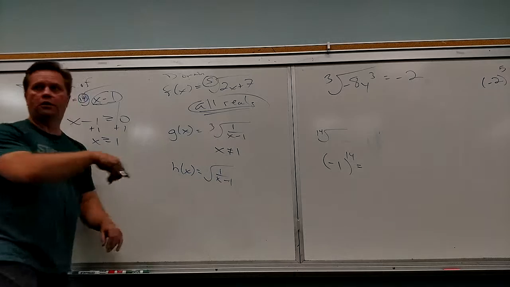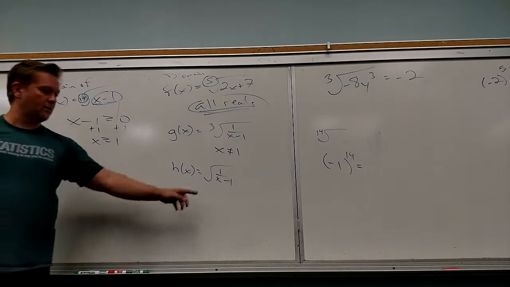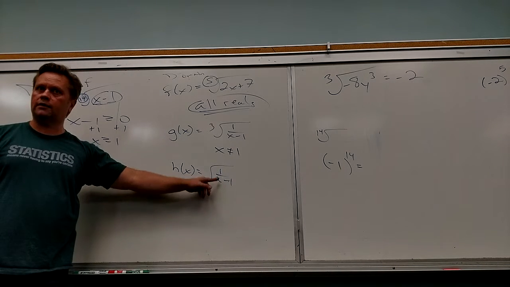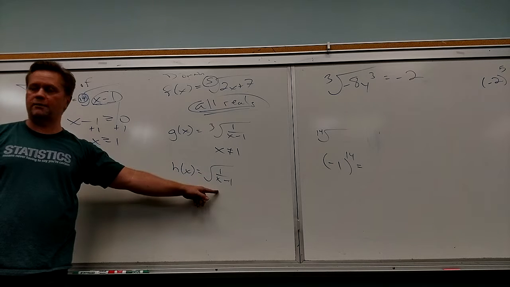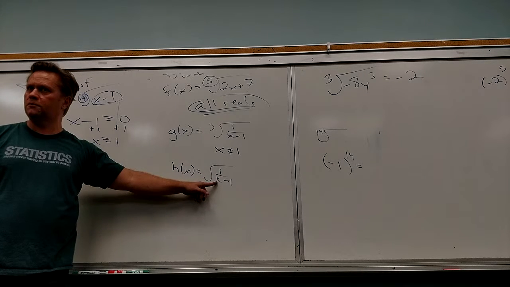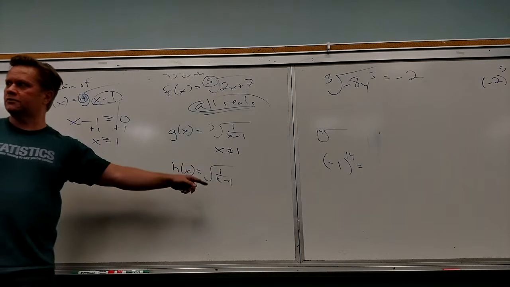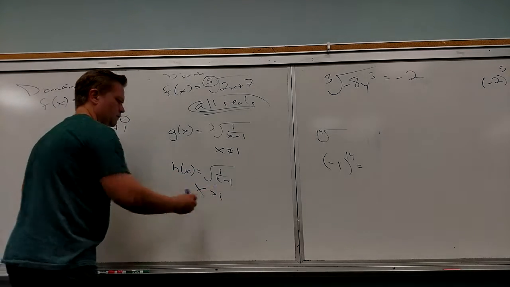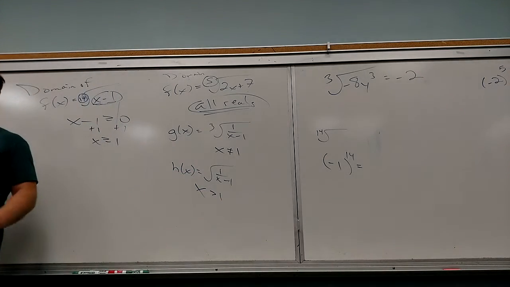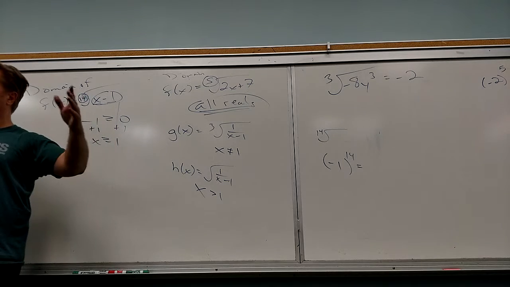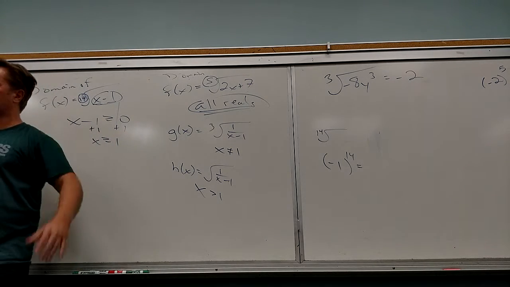Watch, x can't be 1 for sure. But if I make x bigger than 1, that's okay, because I get positive numbers, right? If I make x smaller than 1, I get negative numbers. So x has to be bigger than 1. You have to kind of think about it. Later we're going to see how to do that more algebraically.